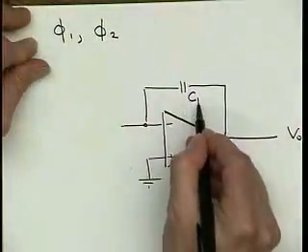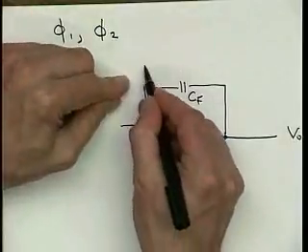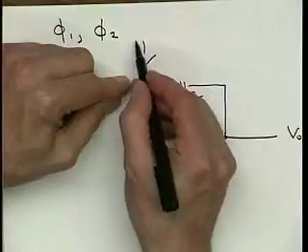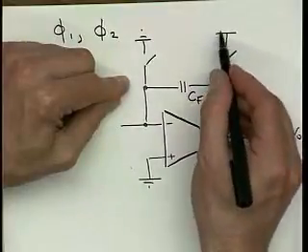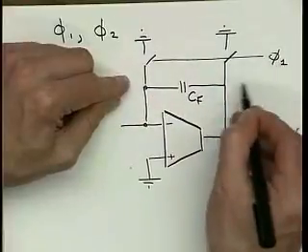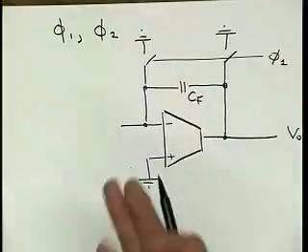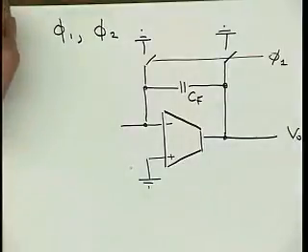So this would be the capacitor CF, and then regularly during phase 1, we simply discharge this capacitor. So that would be tied to phase 1. Phase 1 on, meaning the switches are closed. Here I just show switches. In reality, of course, we are going to implement those with transistors. Most transistors make pretty good switches, and we'll talk about that later. But for now, we just use these kind of ideal switches.